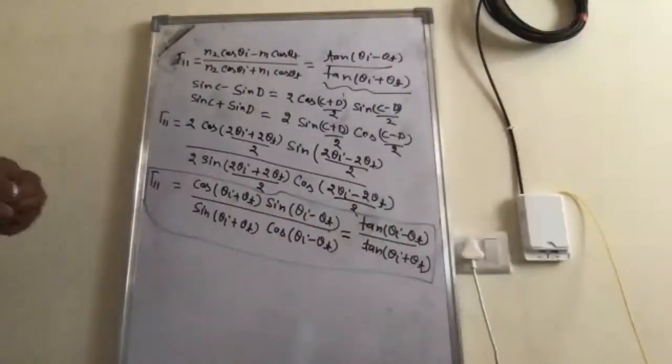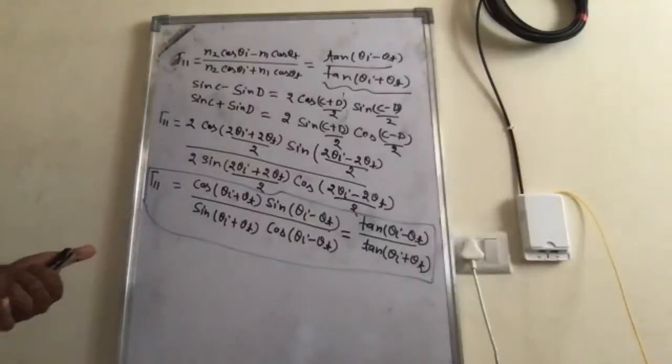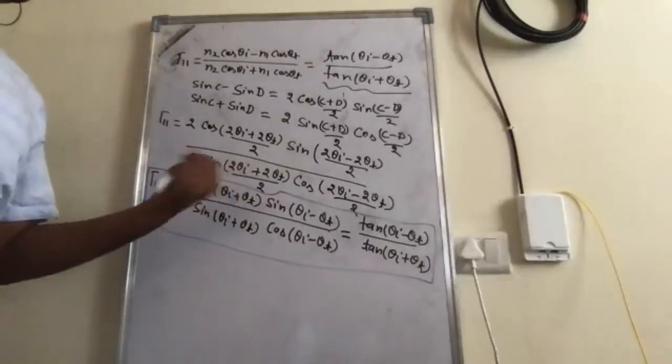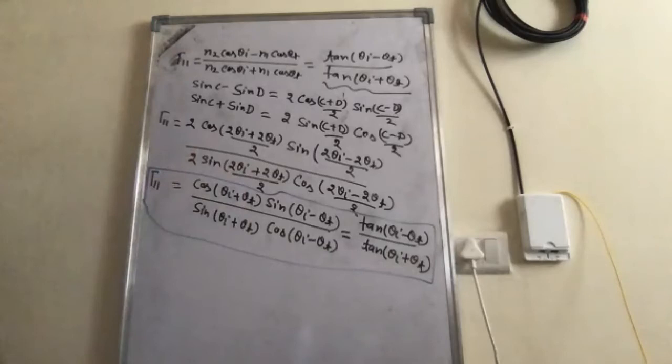Okay. So similarly, can anybody write, one can simplify for the parallel transmission coefficient, that is not in terms of the refractive index. There is no refractive index and there is no impedance in that relation.